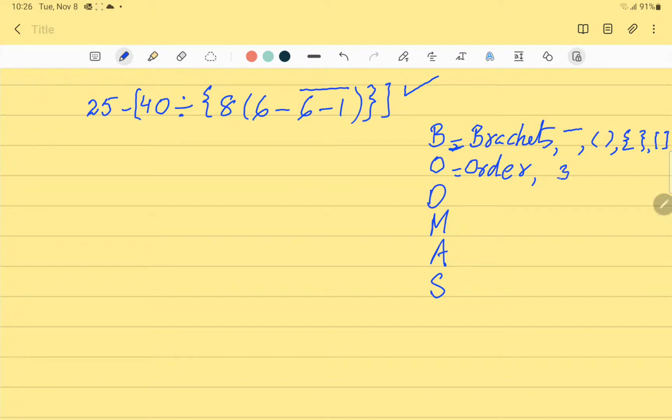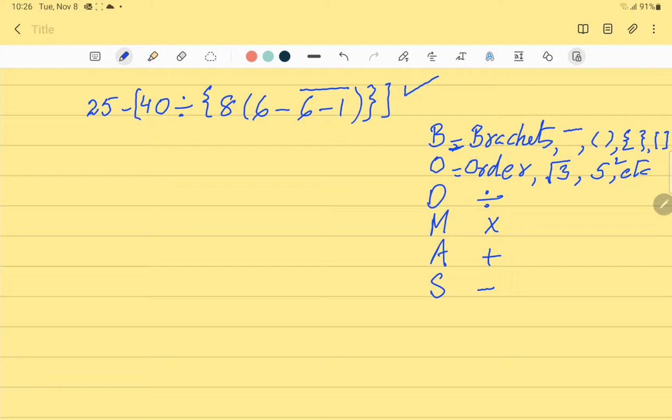Like we can write square root of 3, 5 raised to power 2, etc. D stands for division. M stands for multiplication. A stands for addition, S for subtraction.